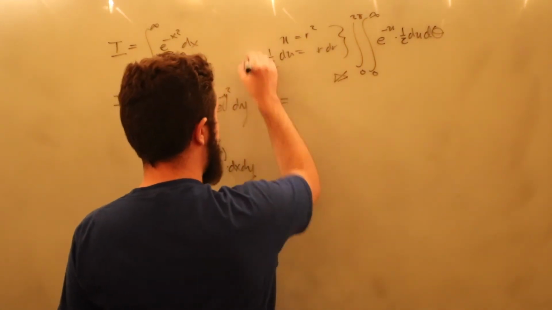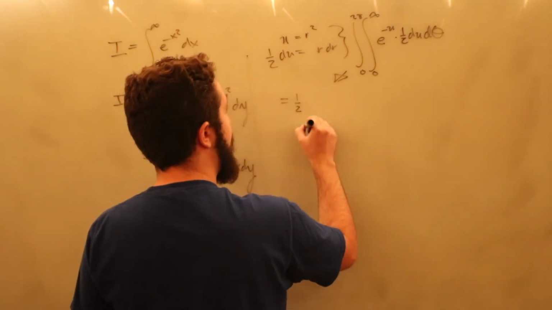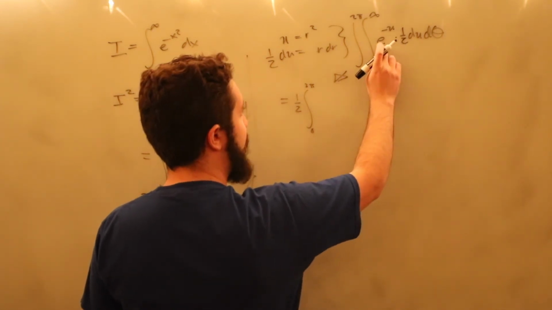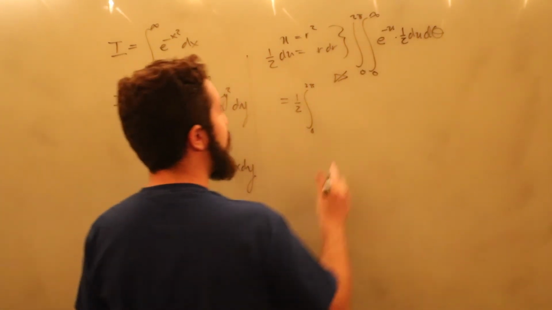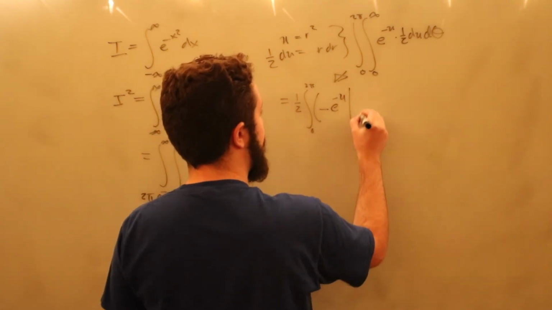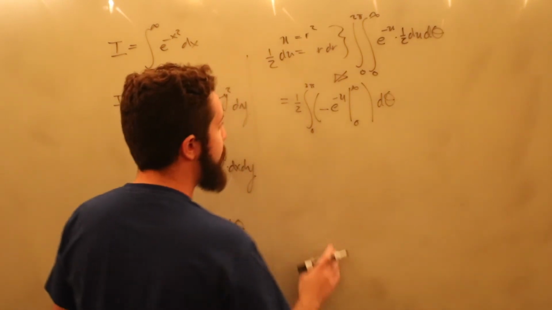We can pull out the 1/2, 0 to 2 pi, and then the integral of e to the negative u du is just going to be negative e to the negative u, evaluated at 0 and infinity, and d theta.